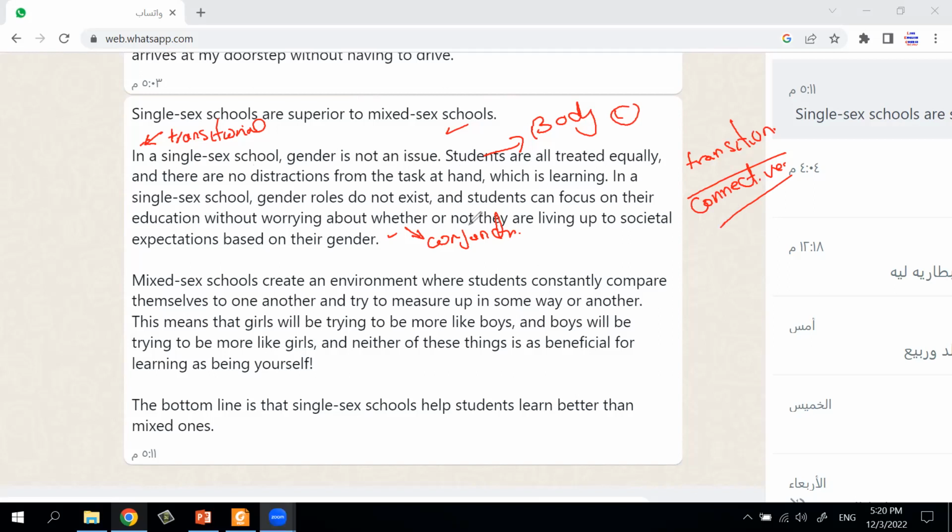I added conjunctions, by the way. There are and there. We'll see. Equally, yes. And there are no distractions from the task at hand, which is, yeah, here is good, which is learning.